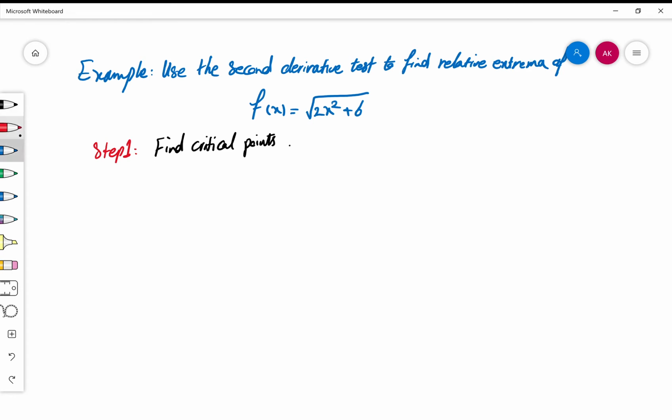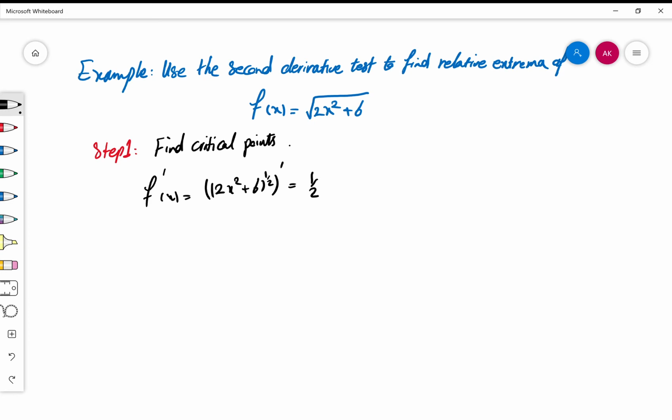Well, for that, I need to find f prime of x. You see, this is 2x squared plus 6 to the power half, and I want to differentiate that. What I will get, this is called the chain plus power rule.